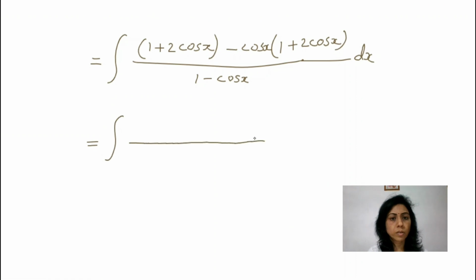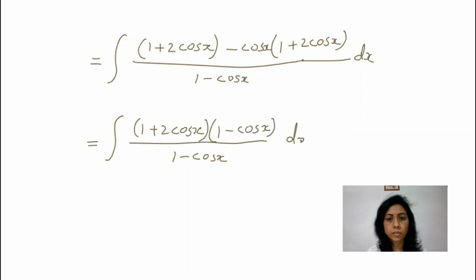Integration 1 minus cos x, and here now two terms, this one and this one. Here the common portion is the bracket portion, so we can take common 1 plus 2 cos x, here left 1, here left minus cos x, dx.